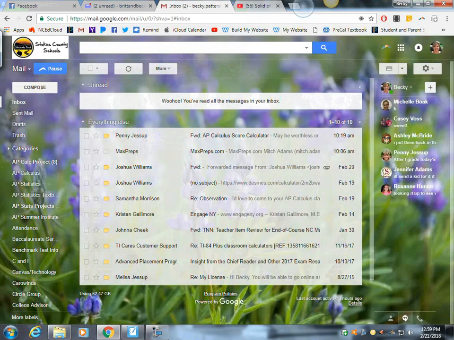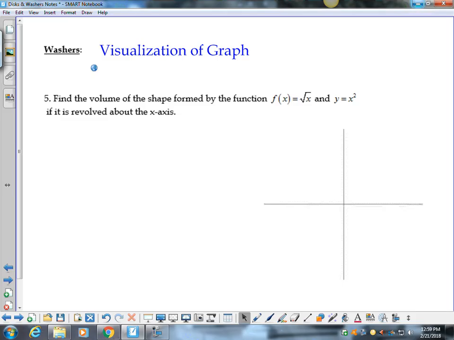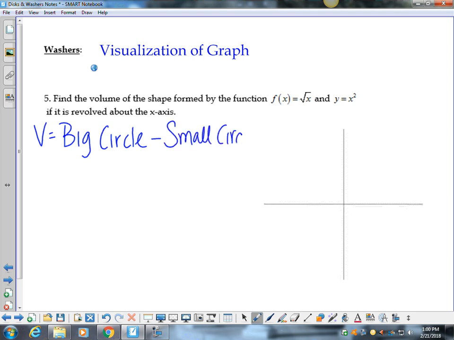So what we're going to do is the volume is going to equal the big circle minus the small circle area.